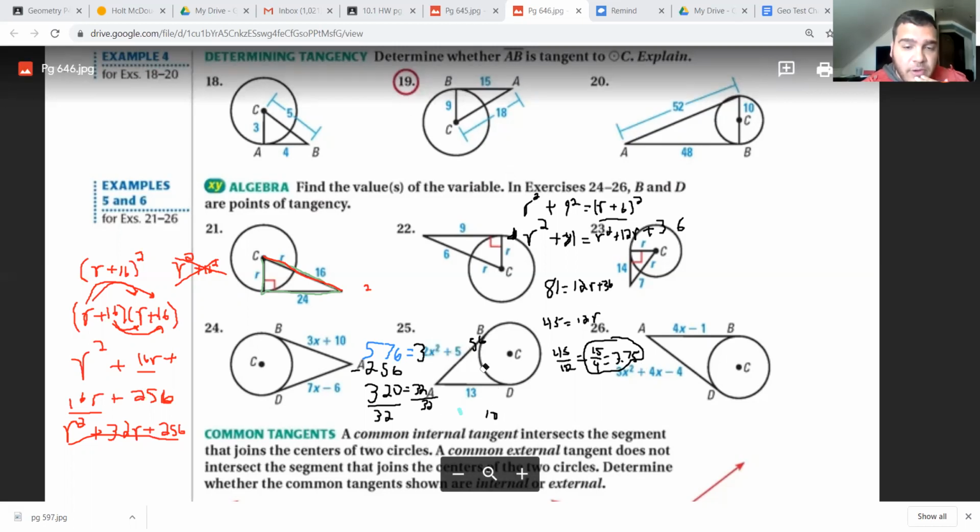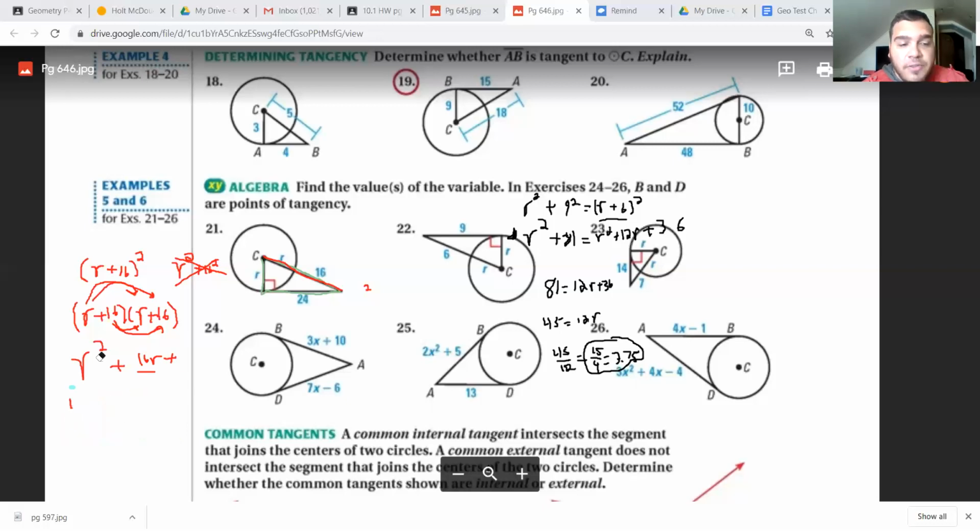All right, let's talk about 24. 24, 25, 26 are a lot more straightforward, I should say. Should not really say the word easier in this situation. But here's another rule of tangents. If two tangents from the same circle go to the same point, the lines are congruent, which means the tangent of BA and the tangent of DA.